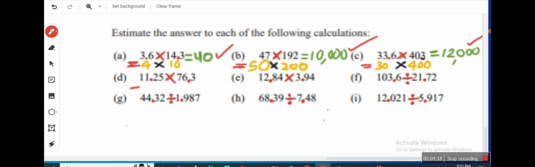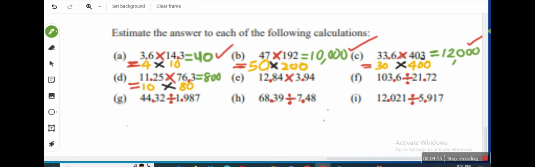Yes, D. To one significant figure, what should it be? 10. Just 10. Interesting. Times 76.3, what should it be? 80. Interesting. 80. Okay. 800. Answer is 800. Correct.